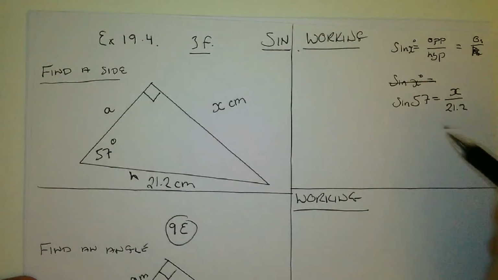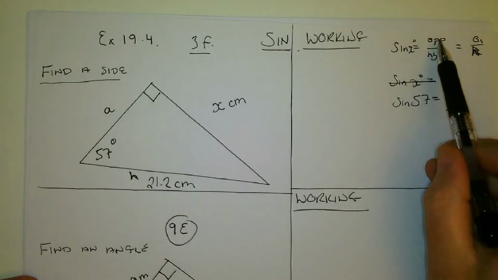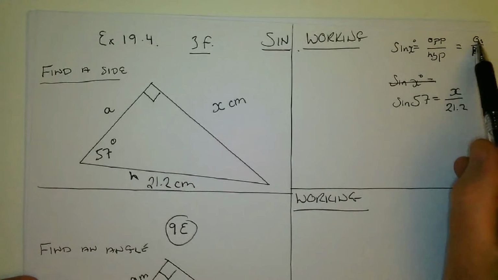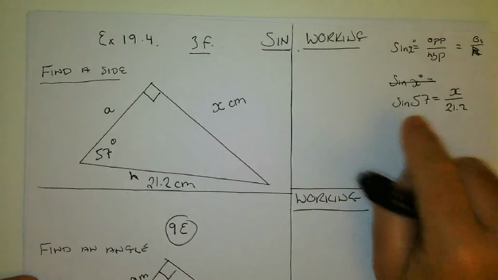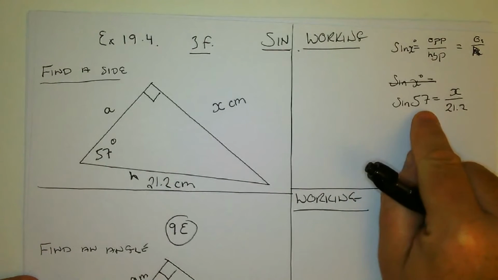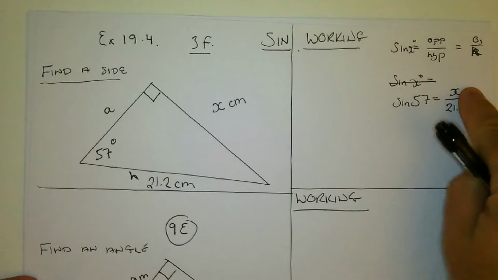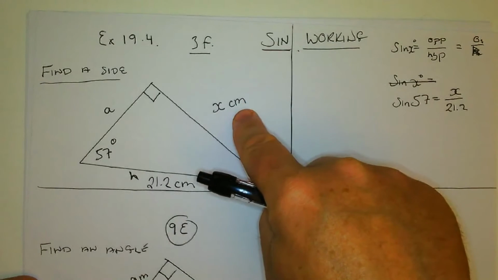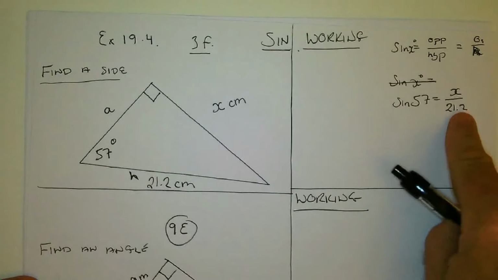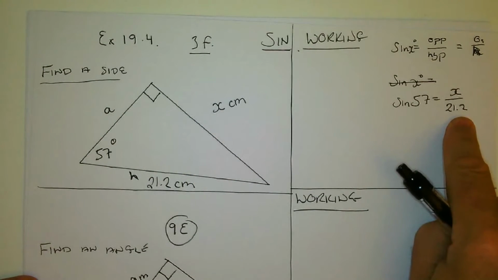Okay, so let me just show you what I've done there. So sine x equals O over H. You've been given the angle, so sine 57 equals x, because that is my opposite, even though the triangle was upside down, over 21.2.